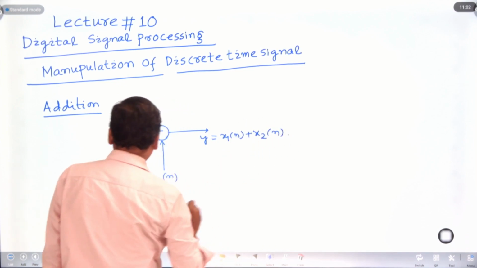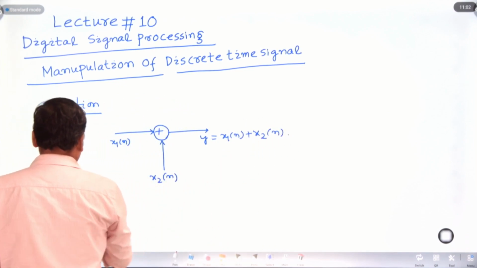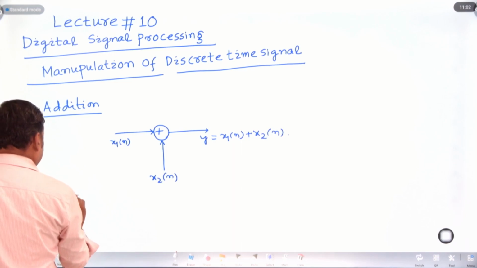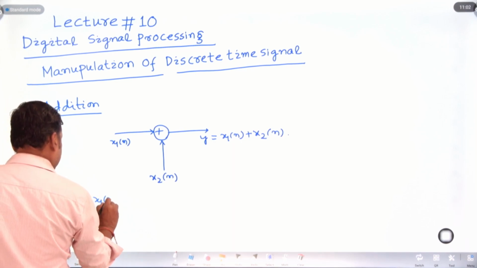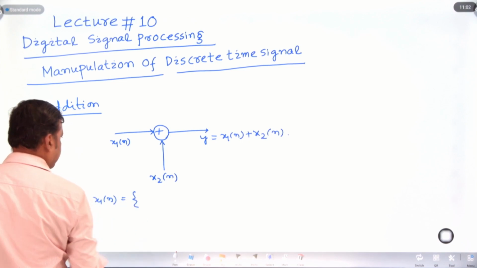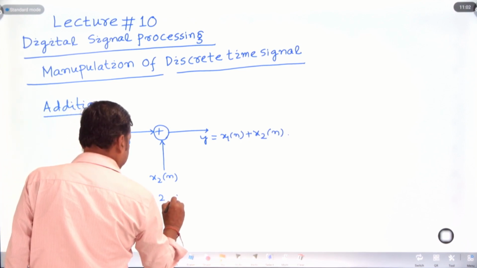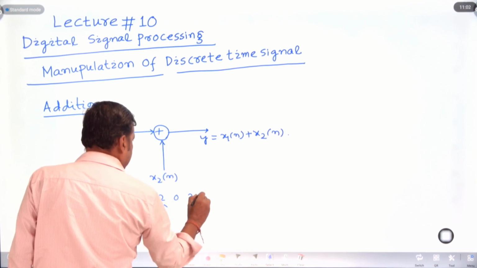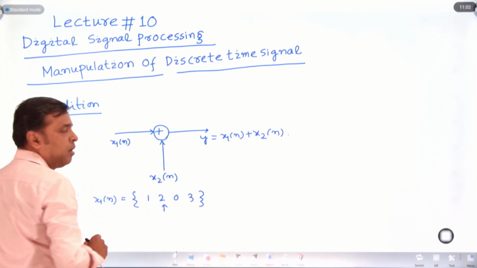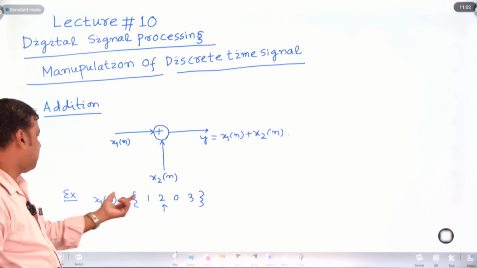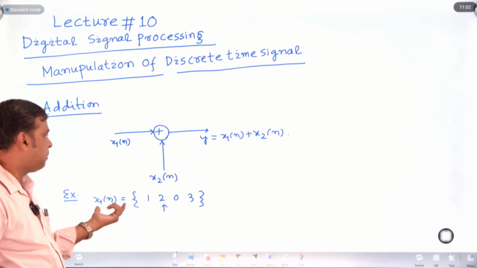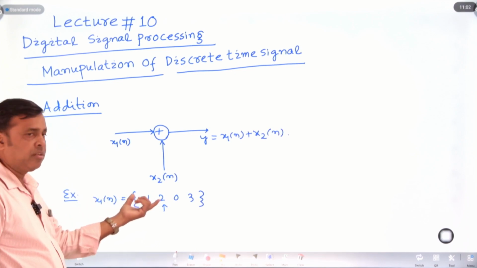For example, let x1 of n equal 1, 0, 3, 2. The discrete signal x1 of n can be represented in sequence representation like this.